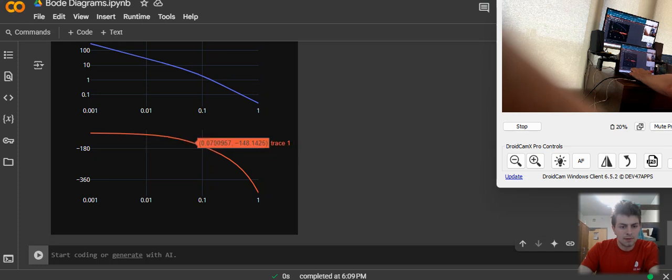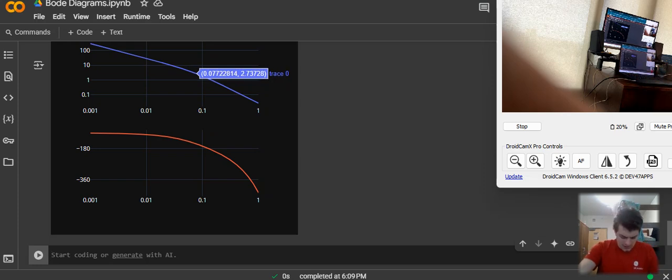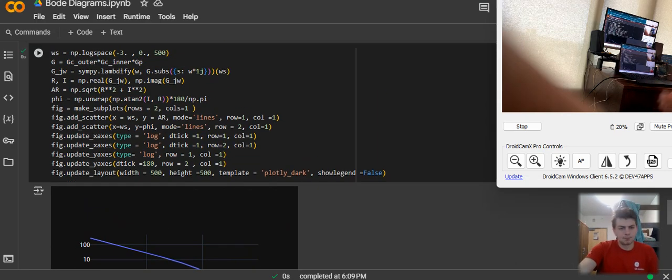Negative 150, 0.073. No, we're not there yet. See if we can troubleshoot this real quick here.